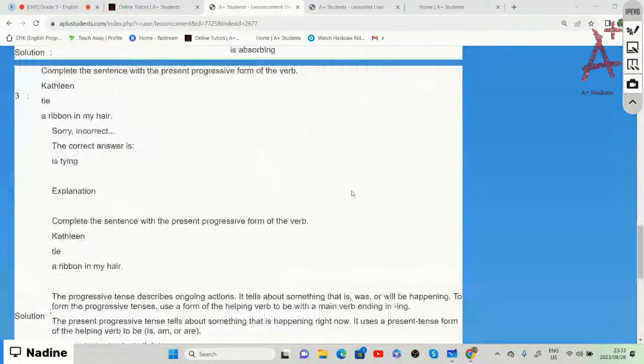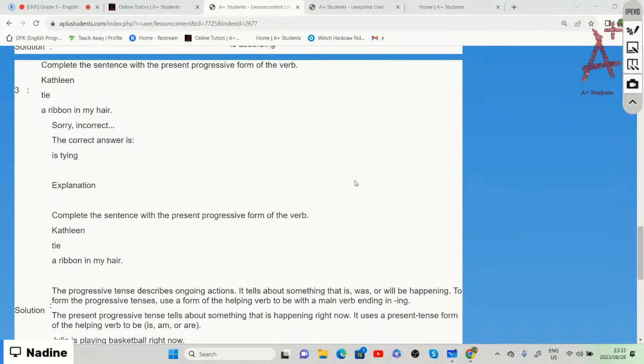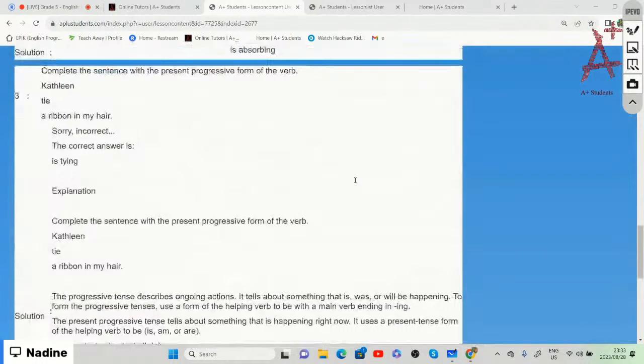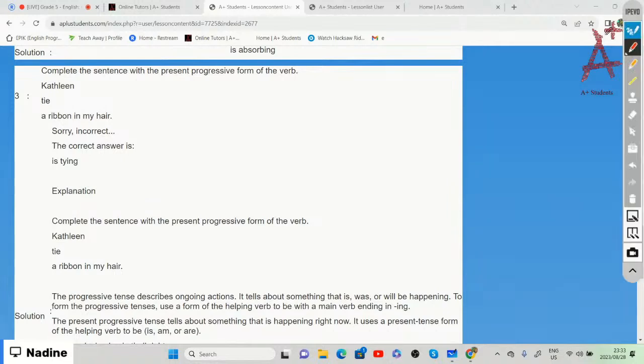And then we have Kathleen tie a ribbon in my hair. If we were to complete the sentence in the present progressive tense, we will rewrite that sentence by saying Kathleen is tying a ribbon in my hair.